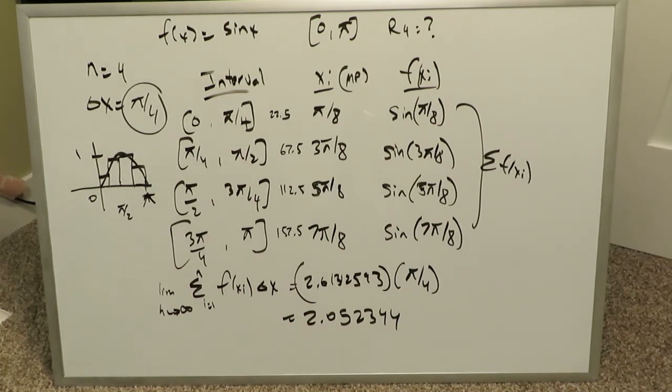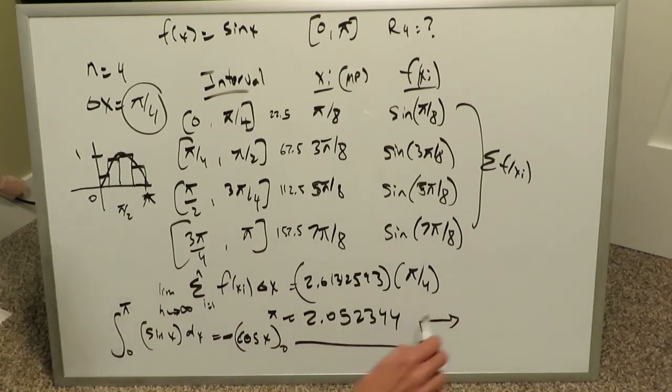I just want to use integral calculus to verify that answer, and I will do so right over here. We're finding the integral from 0 to pi of sine x dx, and I know the integral of sine x is a minus cosine x, but we're doing so from pi and 0. So let's come over here and evaluate this value.